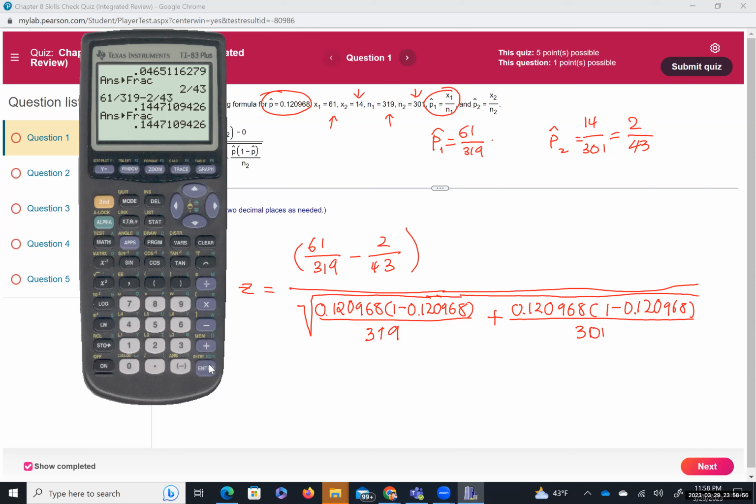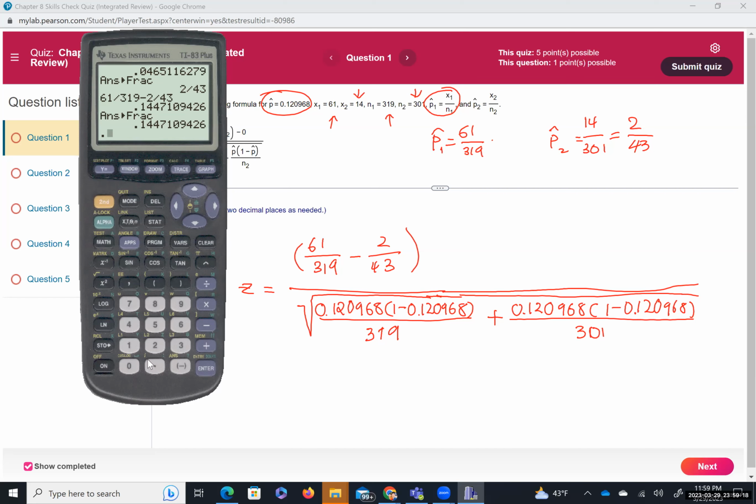Okay. Oh, it can't convert into fraction form. Then I would like to leave the top like that for now and do the bottom and see what happens.